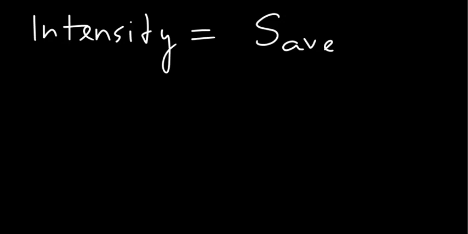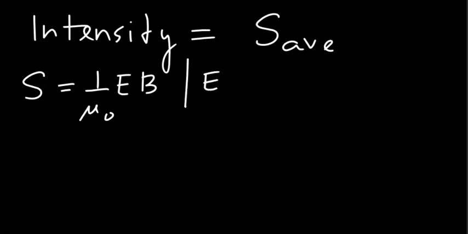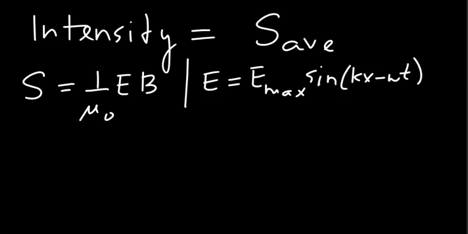We have seen that the magnitude of the Poynting vector equals 1 over mu naught times the magnitude of the electric field times the magnitude of the magnetic field. Since we know the electric and magnetic fields are oscillating, they can be represented using sinusoidal functions. For example, the electric field equals the amplitude E max times sine of kx minus omega t.